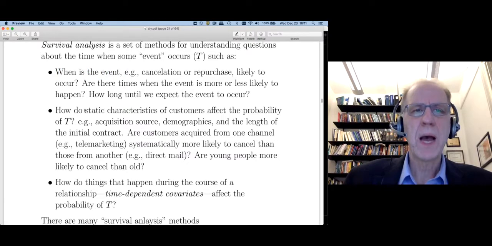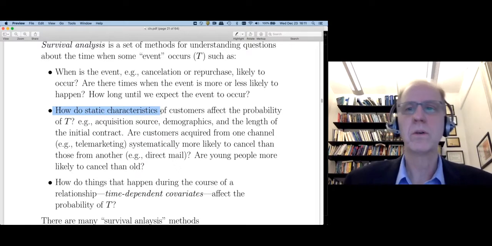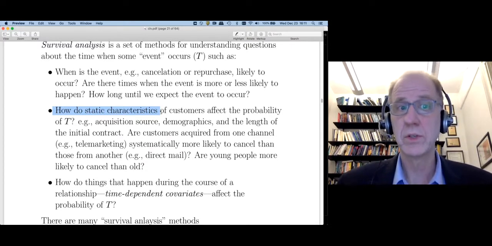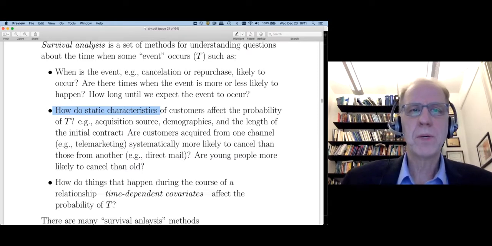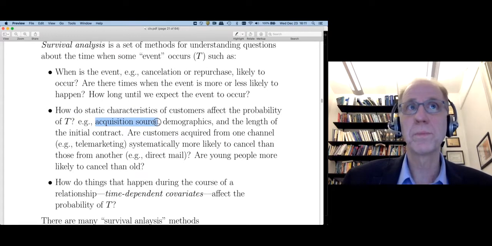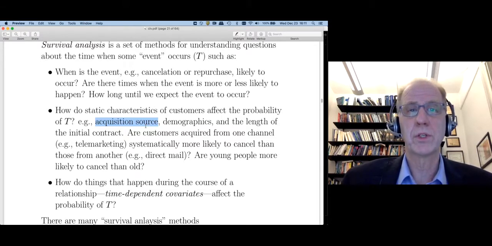Question 2 is, how do static characteristics affect the probability of t occurring, or equivalently, the hazard or the survivor function? For example, maybe I have acquisition source. If I acquire you through paid search versus a rented list, do you have a different shape of the survivor function?